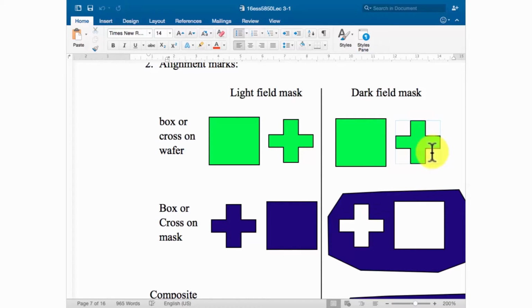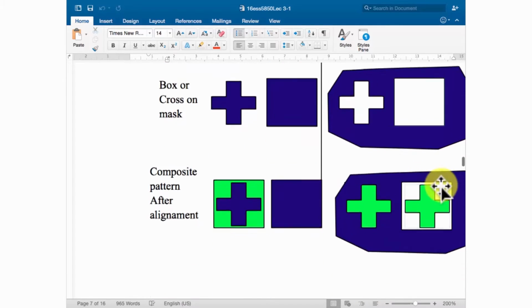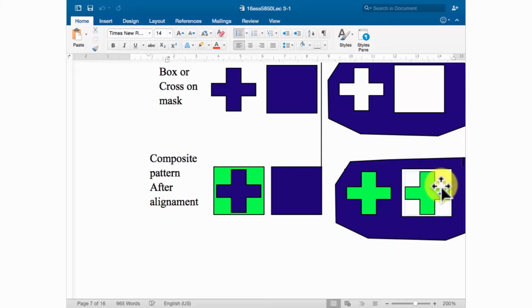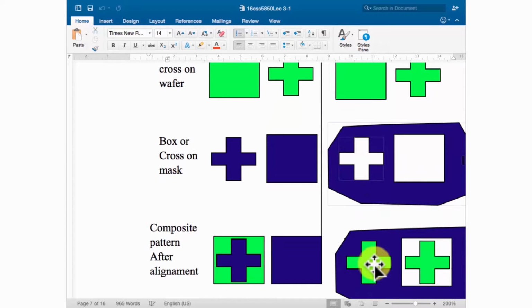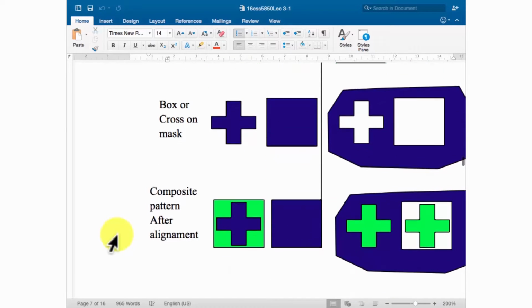So if you design the second one larger than the first one, you end up with both marks showing in your view. But if you design it the opposite way, you won't see the first pattern. So it's not correct. You can remember this column is wrong. The second one is correct. That's the design for alignment.